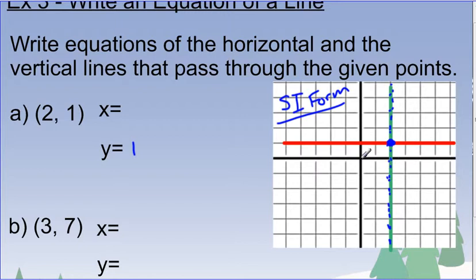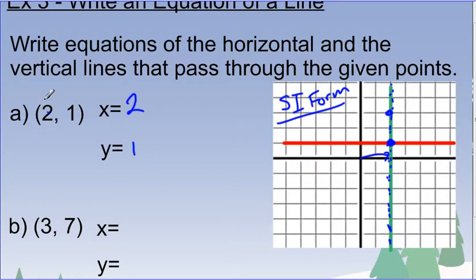From here, I go over 2. If I was getting to this point here, I'd go over 2, up that many. If I was going down here, I'd go over 2, down that many. They all have an x value of 2. Now I want you to notice something here.